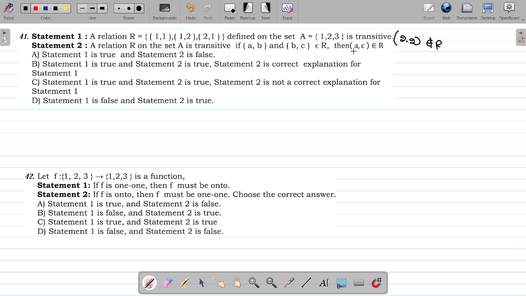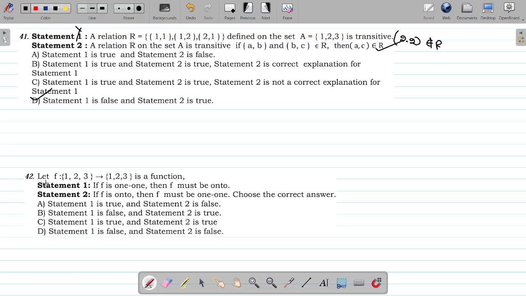So statement 1 is false. Then what about statement 2? A relation R on the set A is transitive if (a,b) belongs to R and (b,c) belongs to R, then (a,c) belongs to R. Yes, it is true. Statement 1 is false, but statement 2 is true.